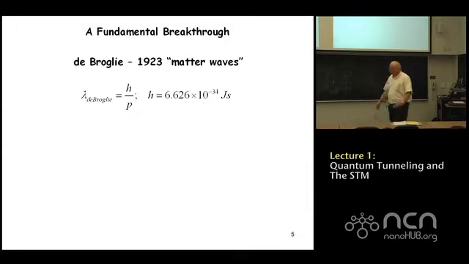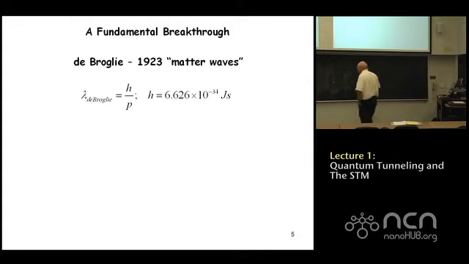So de Broglie's thinking, and he says, well, why can't matter exhibit wave-like characteristics, right? And the question then becomes, well, what would be the wavelength of this matter wave that he was hypothesizing? So he writes down this famous equation. He says that the de Broglie wavelength of a particle is Planck's constant h divided by the momentum of that particle, right?